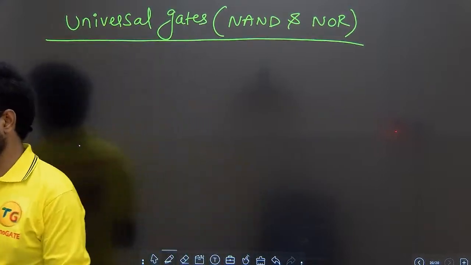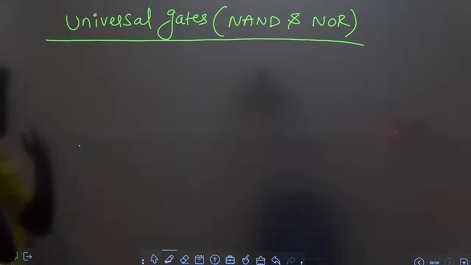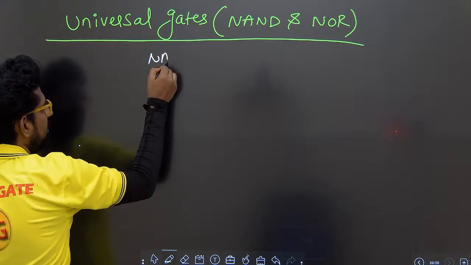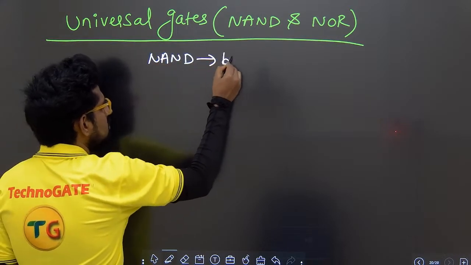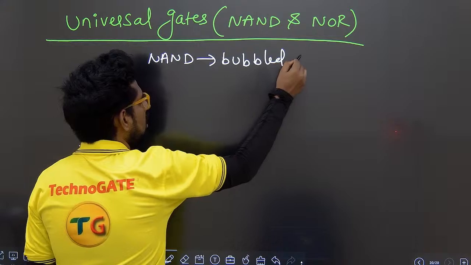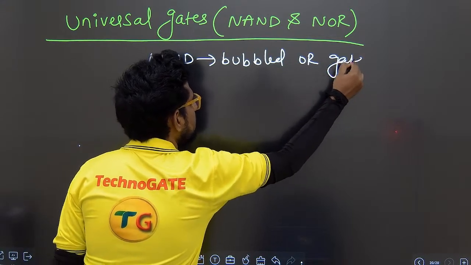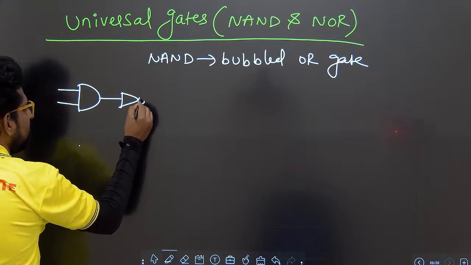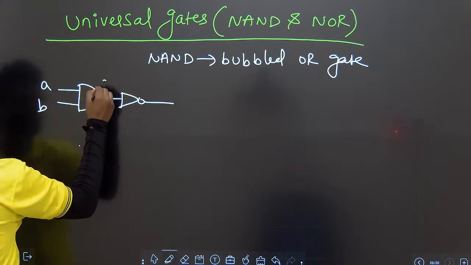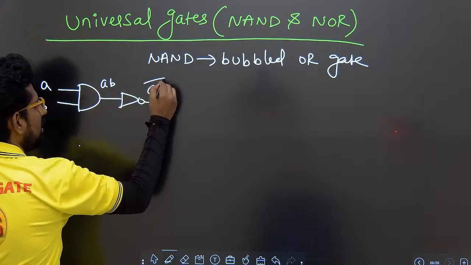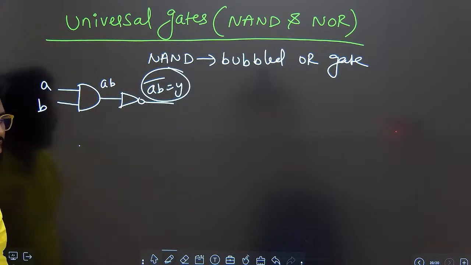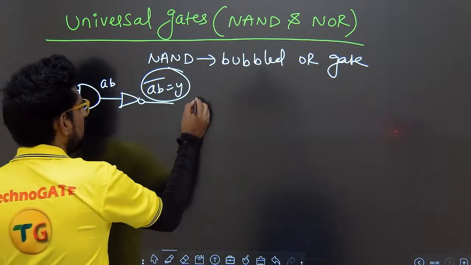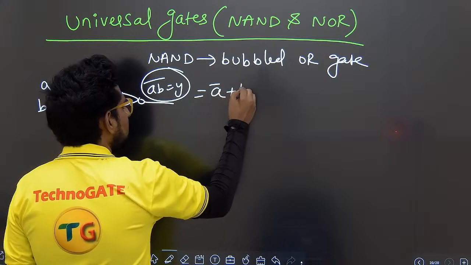Note down this: the NAND gate is also called a bubbled OR gate. Let's see. This is AND, and I am adding an inverter, so (AB) bar is the output. Using Boolean algebra, (AB) bar can be written as A bar plus B bar.